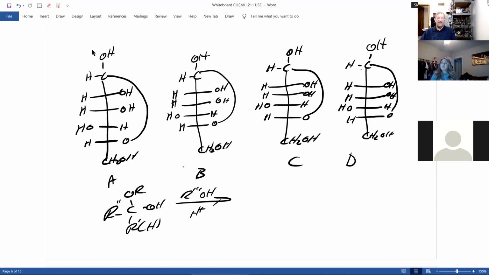We have the hemiacetal or hemiketal reacted with an alcohol, which will form the acetal or ketal.